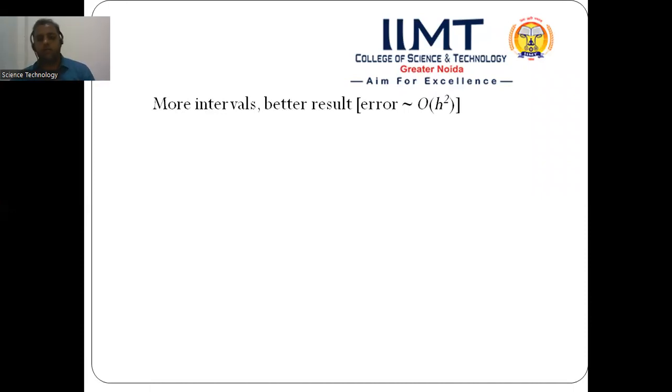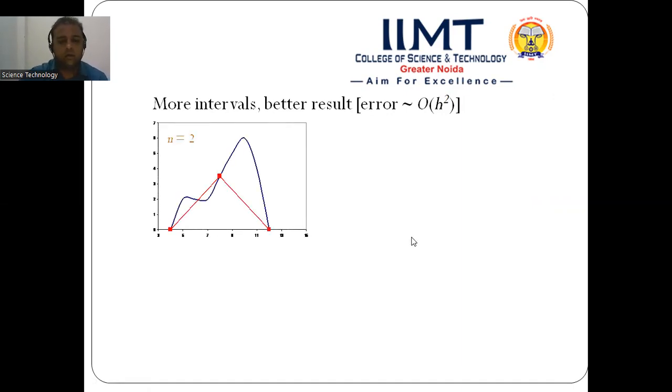Similarly, if we use a greater number of intervals, it will produce a better result, and the error will be smaller. By the picture we can see that if we use only two trapezoids, very much of the area under the curve is left out from the trapezoids.